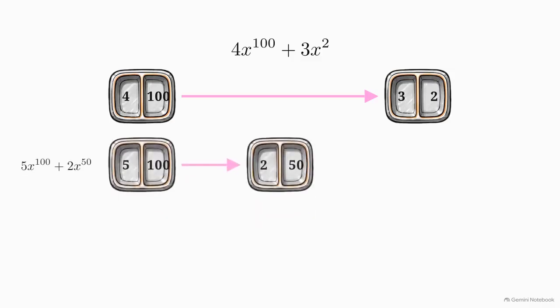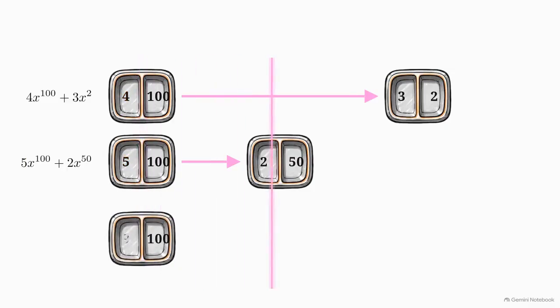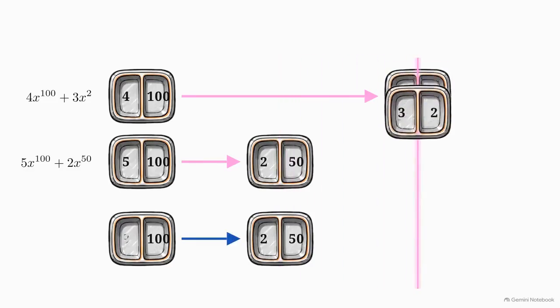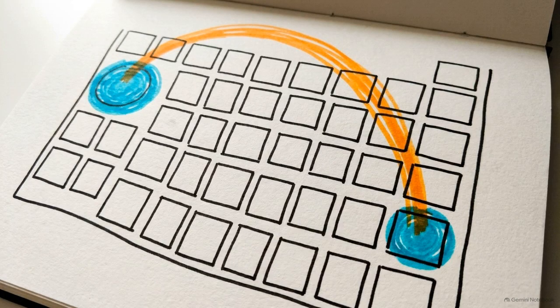Each node strictly stores the coefficient and the power and points directly to the next valid term. Adding two complex polynomials together then becomes a simple exercise of traversing two linked lists simultaneously, summing the coefficients whenever the exponents match. Linked lists allow software to model high-level mathematics dynamically, skipping over empty computational space entirely and processing only the actual values.